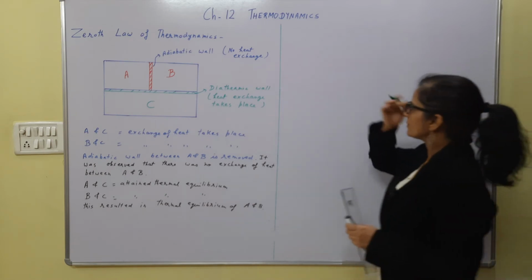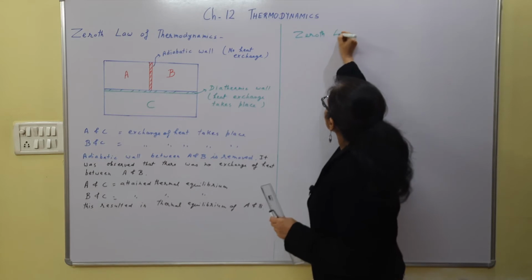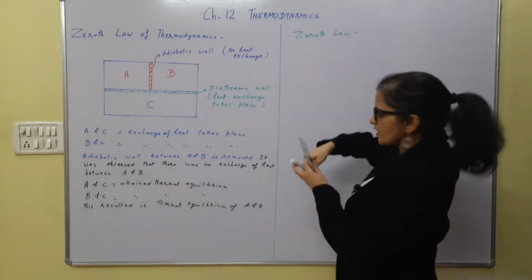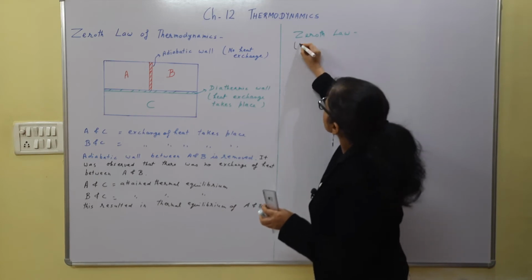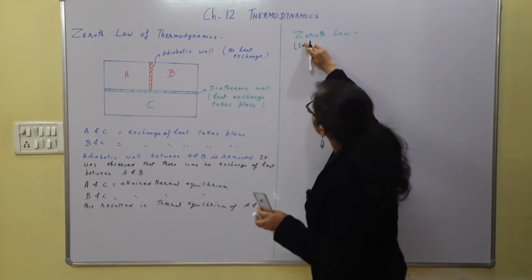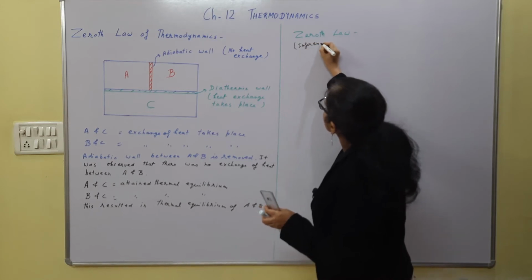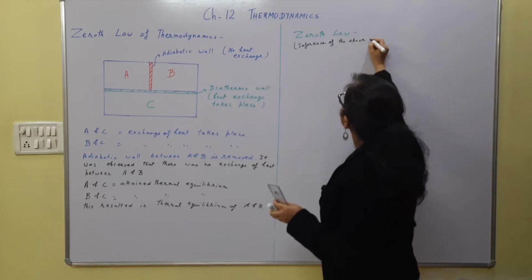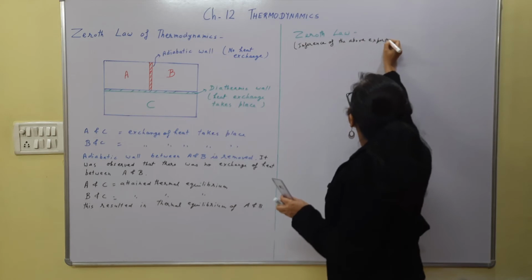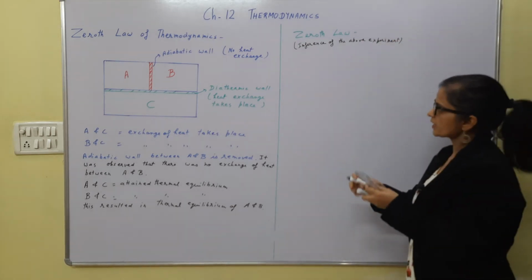So from this experiment an inference was given, and that inference is given in the form of the zeroth law of thermodynamics. So what is the zeroth law? This is actually the inference of this experiment. So what does it say?